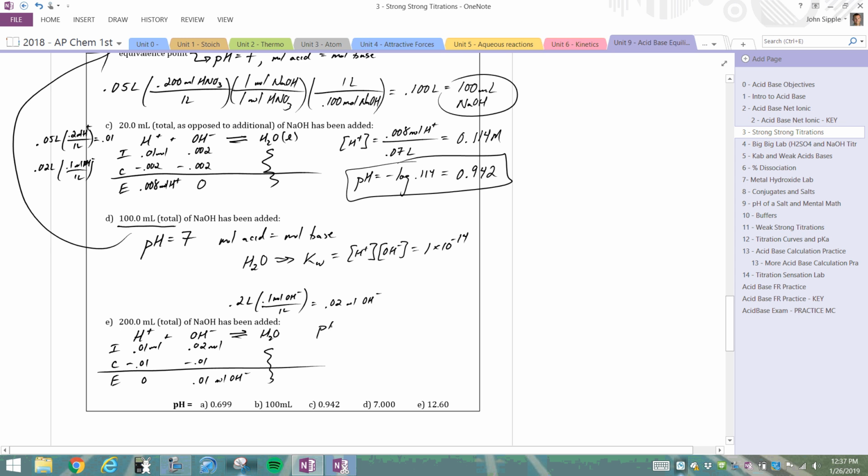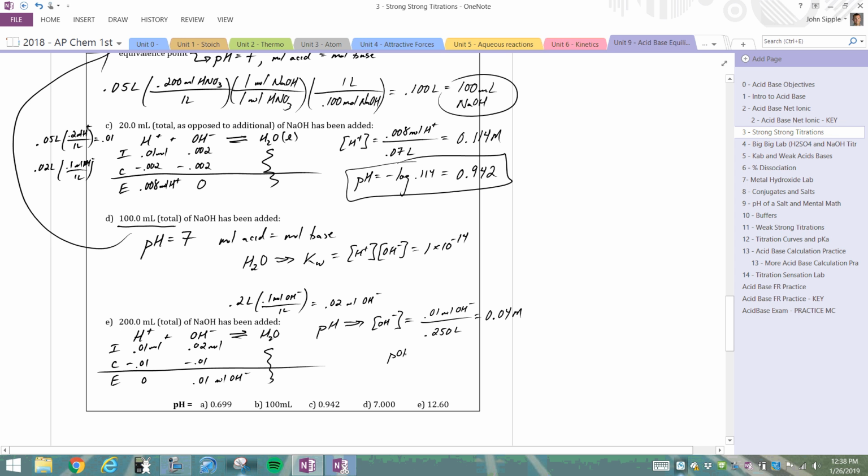So now our pH is really determined just by the concentration of OH minus ions in solution. So we've got to figure that out. We've got 0.01 moles of hydroxide ions. What's our new volume? Well, we've added a total of 200 milliliters, and we started with 50. So our new volume is 250 milliliters, or 0.25 liters. So 0.01 divided by 0.25 is going to be equal to 0.04 molar.